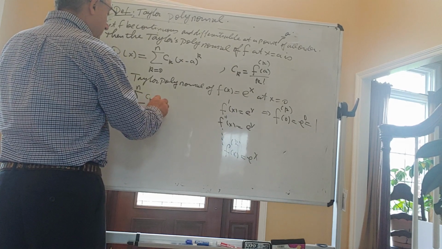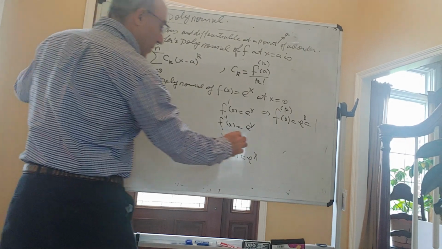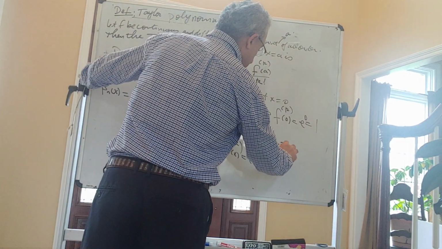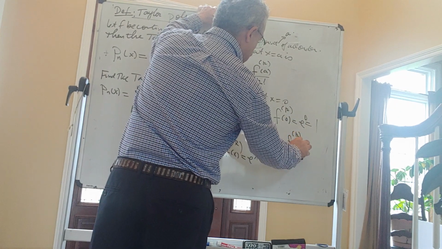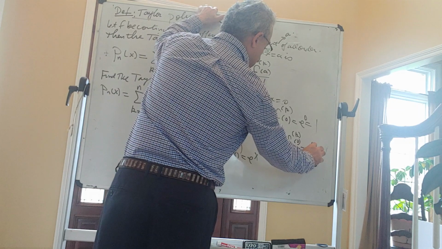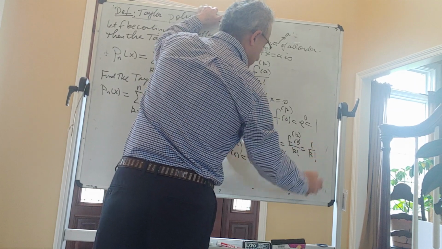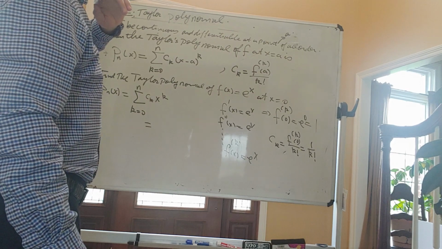Ck x to the power k, and note that here ck is f^(k)(0) over k factorial, that is 1 over k factorial, because f^(k)(0) is 1.